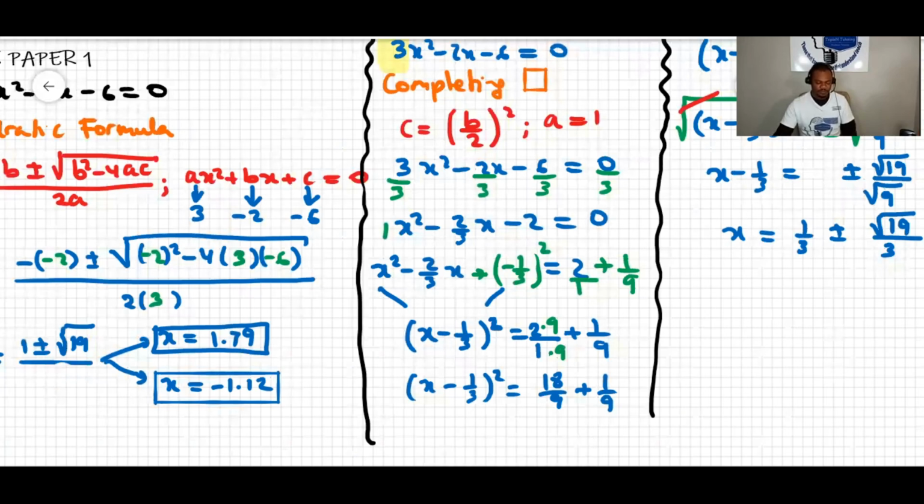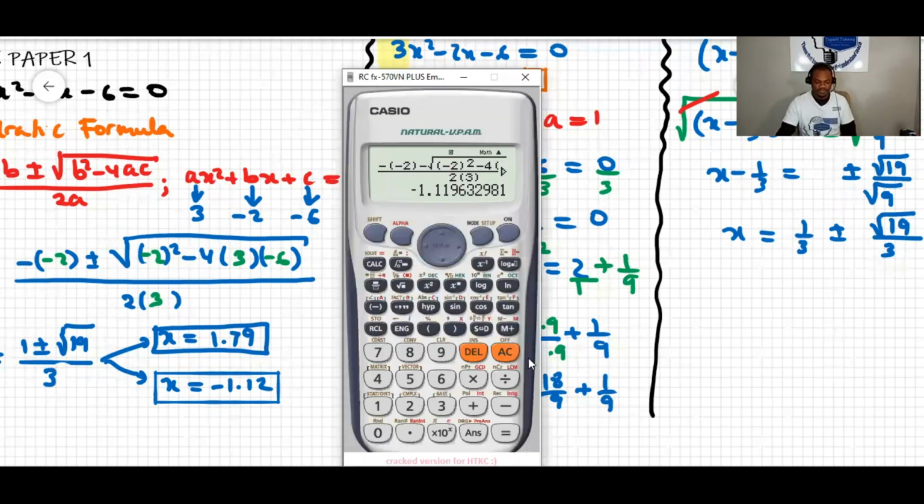It's over 3 there because it simplified this 2 with the 2. So it's 3 over here. If you press this in the calculator, that's what we got. Yes, it was over 3. You see? So it's the same thing as this, so it will give us the same answers. X is equal to 1.79 or x is equal to negative 1.12. Thank you.